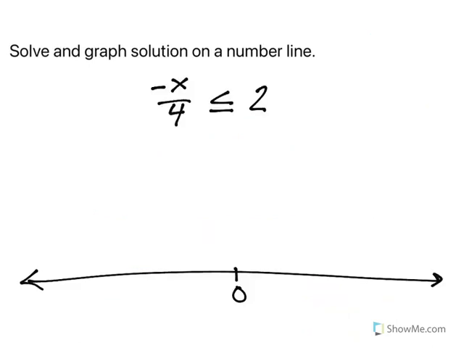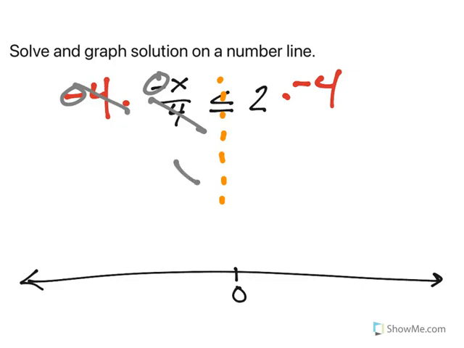Let's do another one. Solve and graph the solution. We have negative x over 4 is less than or equal to 2. Okay, so I need to get x by itself. If I have negative x over 4, I need a positive x. So if I multiply both sides by a negative 4, because on the left side, a negative times a negative is a positive, and my 4's will go away, so I have x.